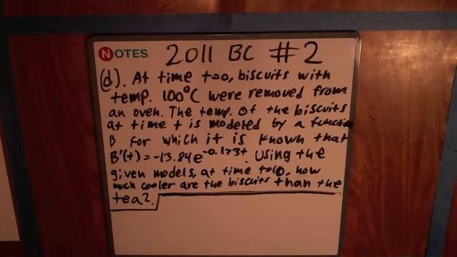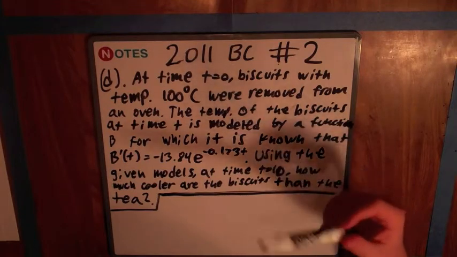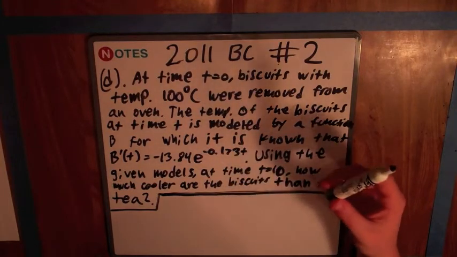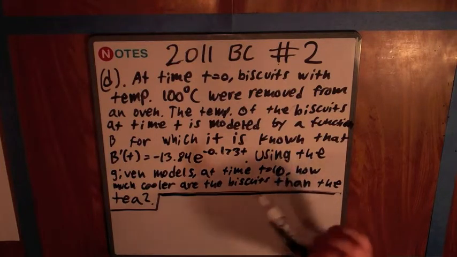So to solve this, we're going to need to figure out the temperature of the biscuits at time t equals 10 and subtract that temperature from the temperature of the tea at time 10. So we only have to solve for time t equals 10 of the biscuits.